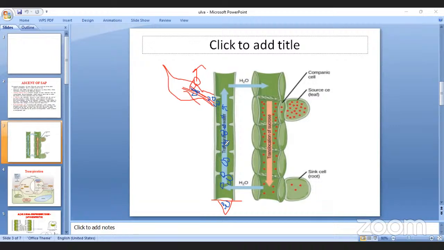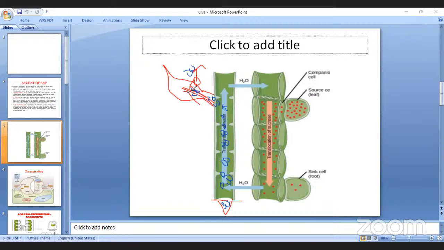This column of 1,000 water molecules is formed by adhesion force and cohesion force. But this place is for only 100 molecules, and during the transpiration process, out of 100, 10 water molecules are lost.